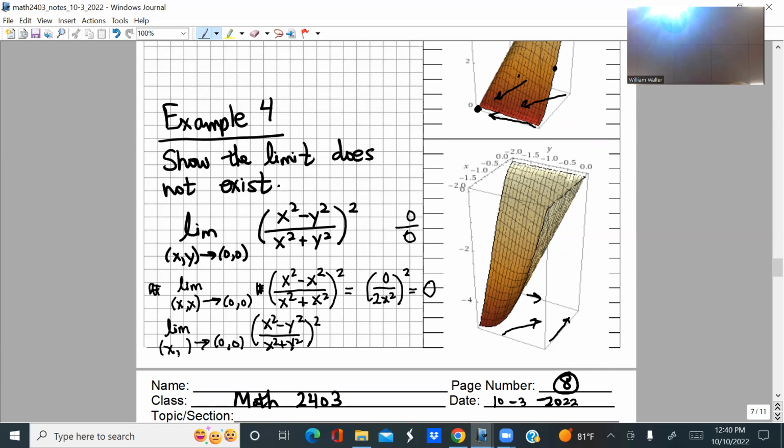Of course, x is getting small, going to 0, but y is fixed at 0 on those points. So in your formula, you can just plug in 0 for y, right? So what does all this reduce to? Is it just x squared over x squared squared? But what's that?